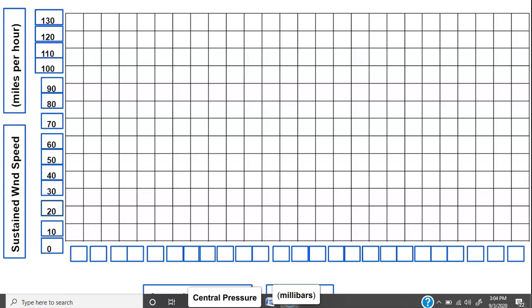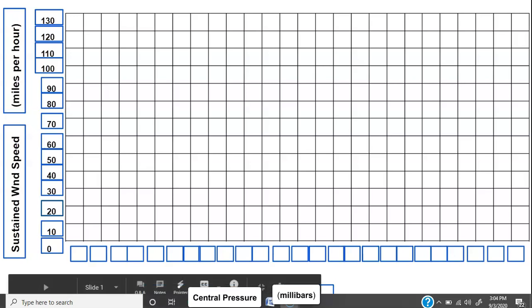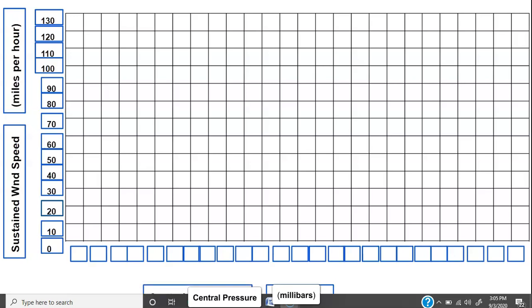I want to go a little beneath that, so I'm going to go down to 944. I know my highest number was 1008. Again, I want to go a little above that. So I'm going to call it 1010. So I take 1010 minus 944, and that gives me 66.